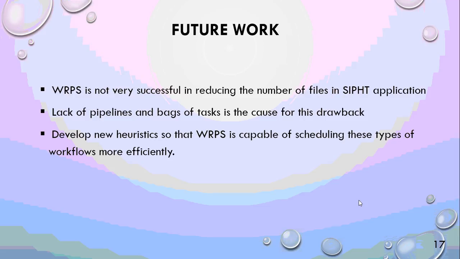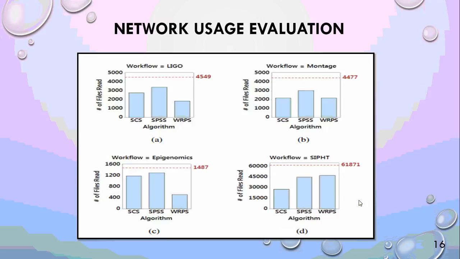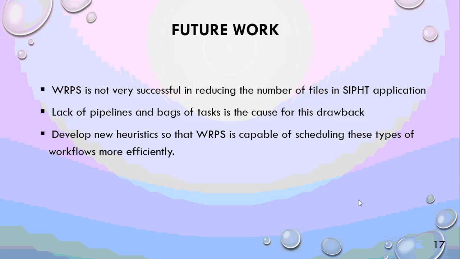Having said this, what is the future work that can be done? Is the WRPS algorithm perfect as it is? Not really. Why? Let's look at it. WRPS is not very successful in reducing the number of files in the SIPHT application. As we saw, it doesn't reduce the files very much, and this is mainly because of pipelines and bags of tasks not being present in SIPHT.